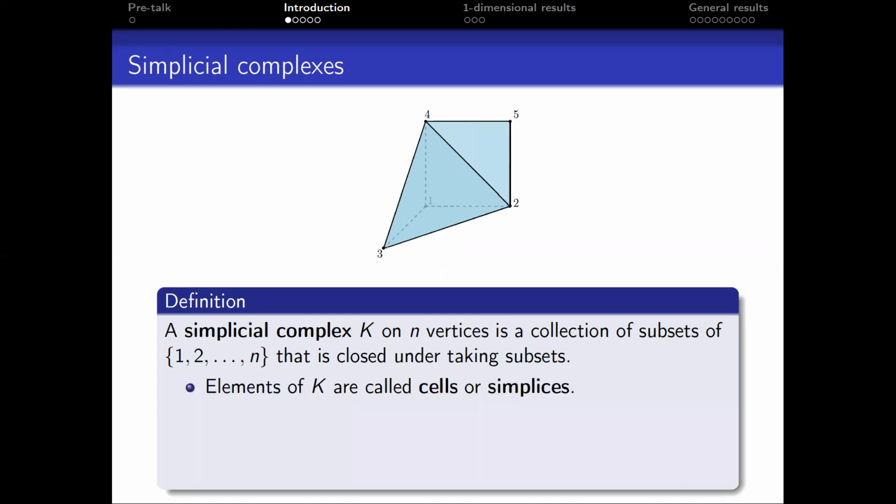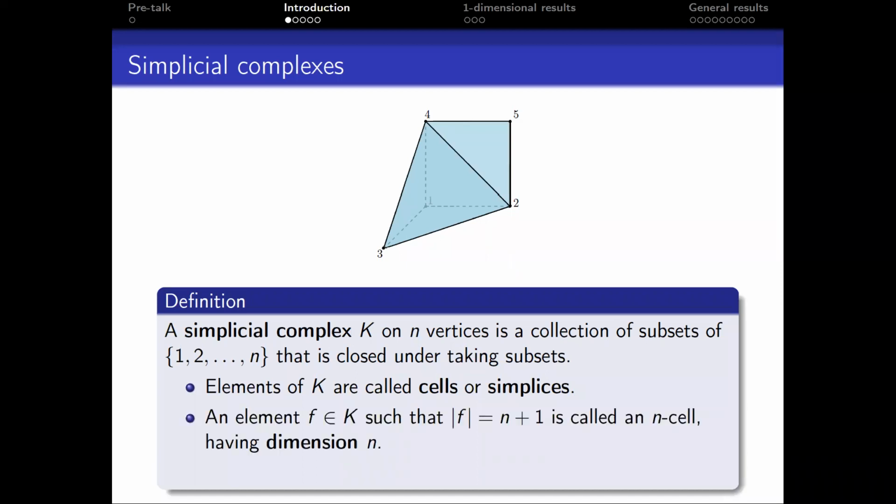The elements of a simplicial complex are called cells or simplices, and depending on the size of the set we associate the dimension. I think this is very natural to define. And we define what a face is for a simplicial complex, that is being a proper subset.